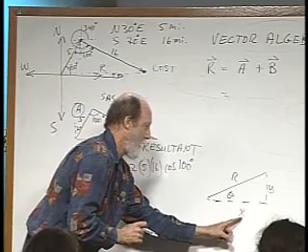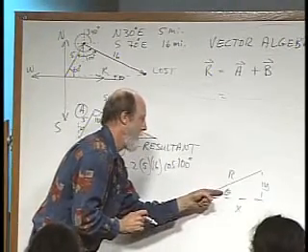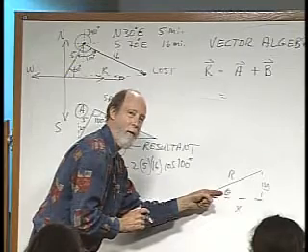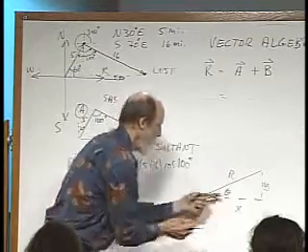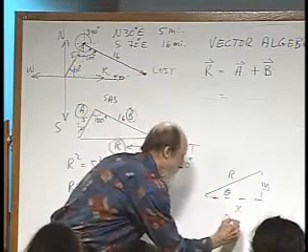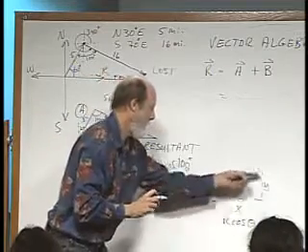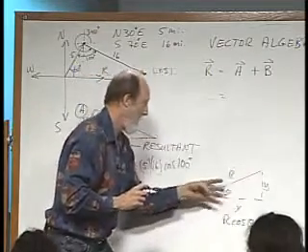So how long is vector x right here, or length x, in terms of r and theta? It's the cosine, isn't it? Isn't it r times the cosine? Right? And isn't the y part right there r times the sine?